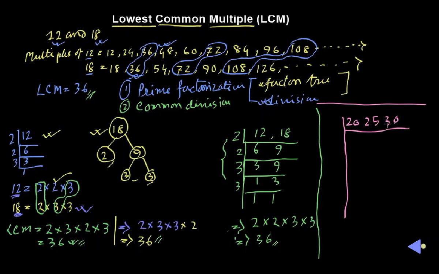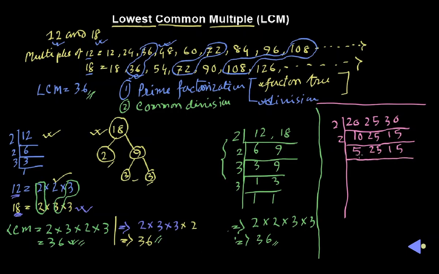So you see, all of them can be divided by 5. Still we have to divide by 2, since 2 is the smallest prime number. Again by 2, since only 10 is an even number, we have to divide by 2. It is 15. Those are just brought down here.